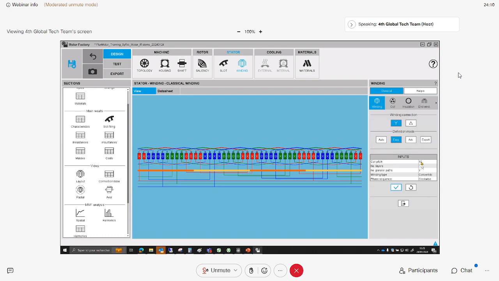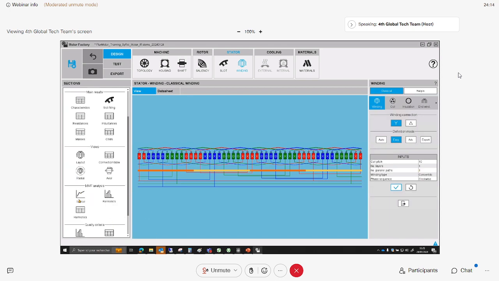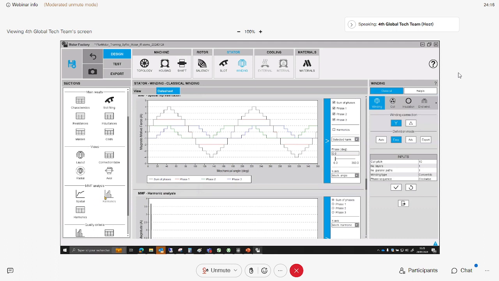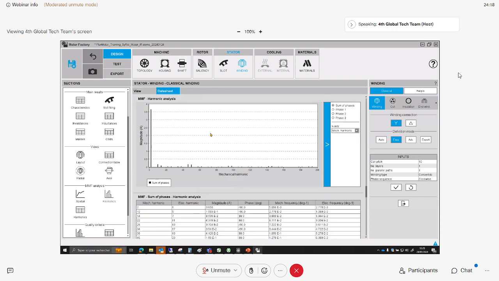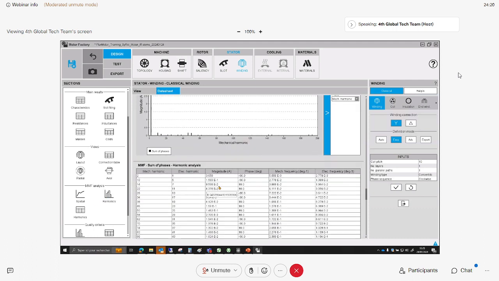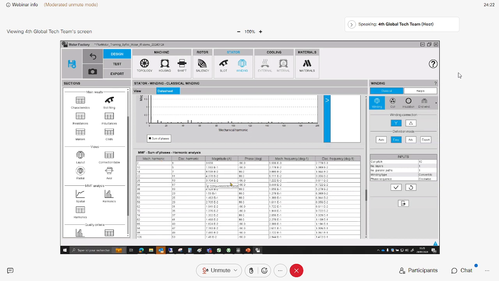So for each configuration, please have a look at the spatial MMF, especially the harmonics. Or you can export this table for each configuration, and then you can compare the fundamentals and the total harmonic distortion for each configuration you test here.